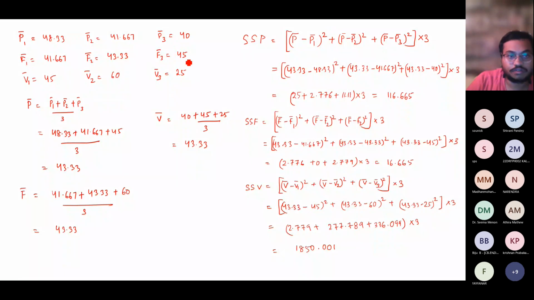Then we do the same thing for the varieties and we get 45, 60, and 25. Then we calculate the mean for all the pesticides, P1 plus P2 plus P3 divided by 3, which turns out to be 43.3. We do that for varieties and also get 43.3, and for fertilizers we also get 43.3. Is that clear?